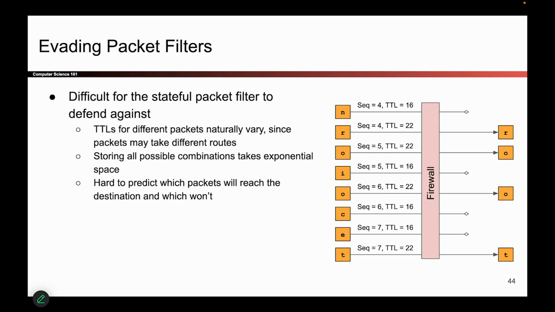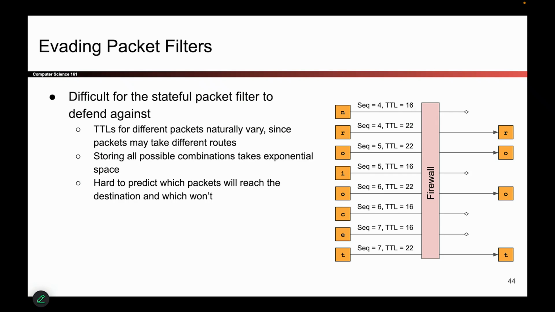So once again, the firewall is going to have a hard time figuring this out. If you think that maybe the firewall notices that some have TTL 16 and some have TTL 22, maybe it can use that to help, and maybe it can drop the ones with TTL 16. But this is pretty difficult because these numbers aren't always going to be this nice. Maybe the attacker doesn't just use all 16s and all 22s.